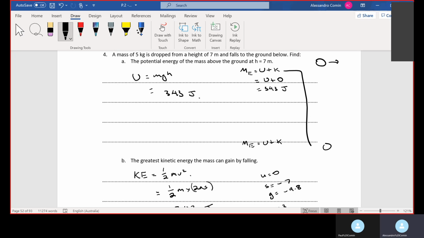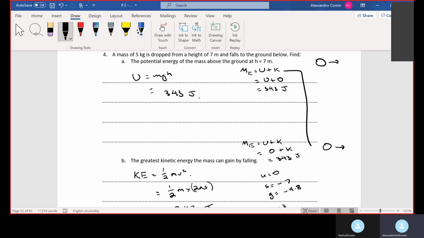At this other point, we can assume that U is equal to 0 because I'm just above the ground, a micrometer, a picometer, a femtometer above the ground. I'm so small off the ground it barely counts. So this is going to equal 0 plus K, which is equal to 343 joules.